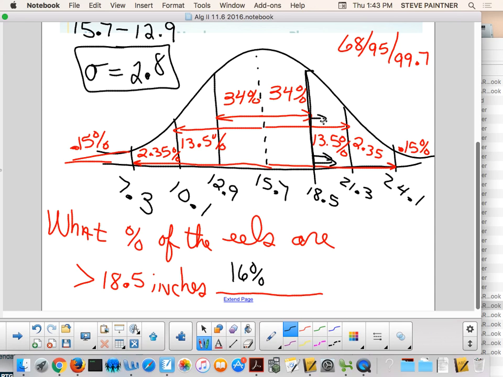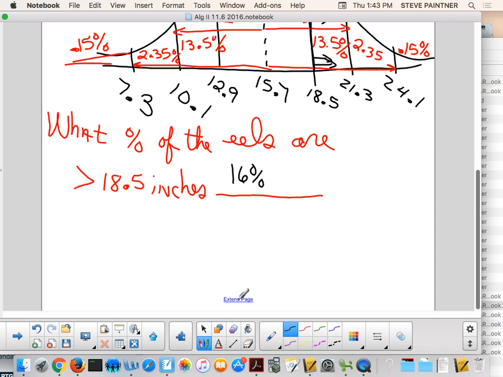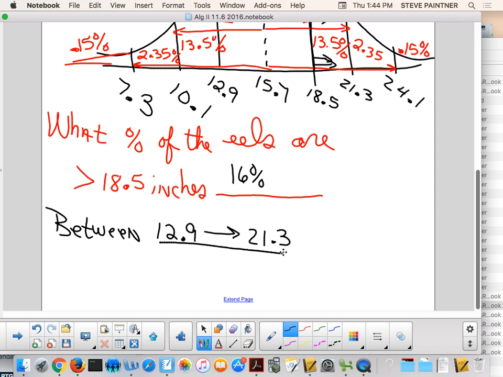Nobody has questions? Okay, now do it again. What percent of the eels are, let's do this one, between 12.9 inches all the way to 21.3 inches, okay? Between here and here equals what percent?